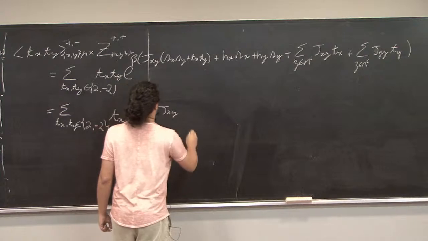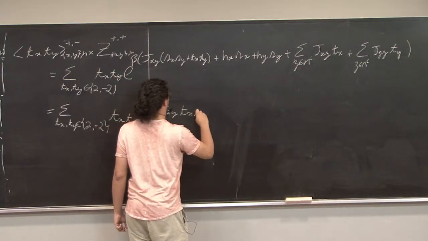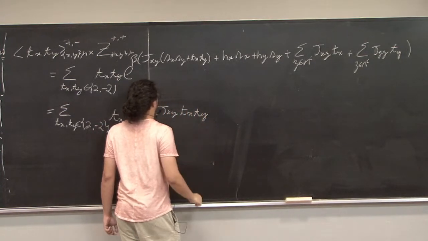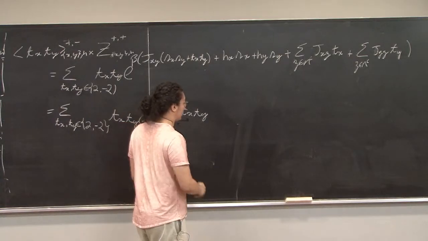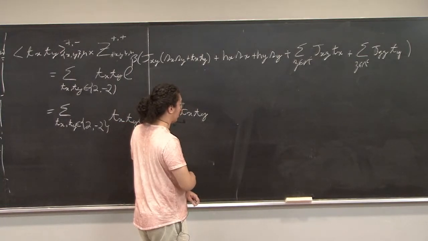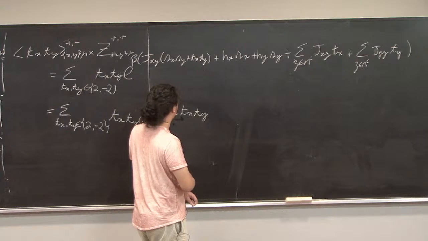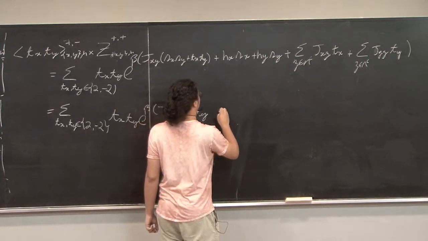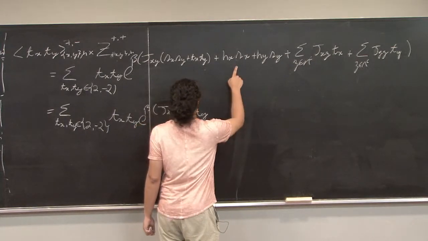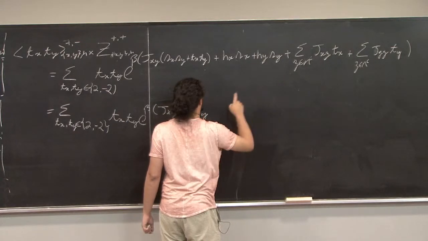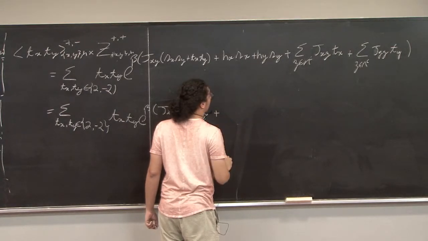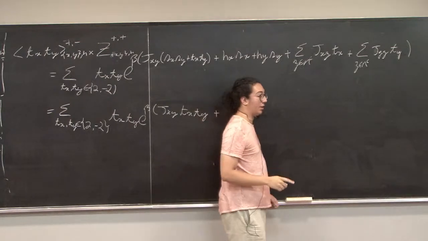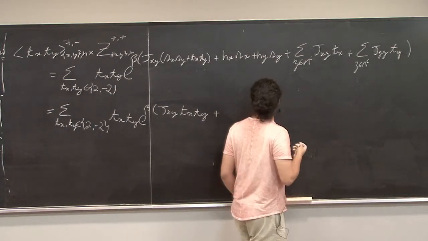Here I have t_x, t_y, and then this is 0, and I'm left with that. Oh, okay. You see, that's why we cannot rush things.